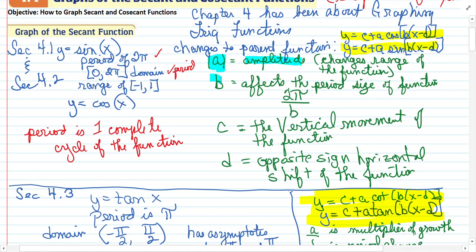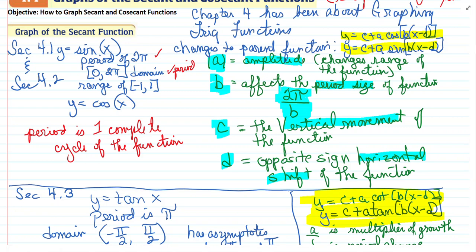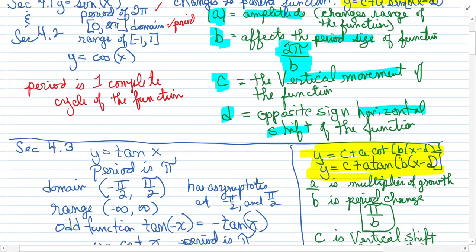Then we found out that b was the period change, and the formula was 2 pi, which is a normal period, divided by b, whatever is multiplied by x. We found out that c was the vertical movement, up or down, depending on the sign of c, and that d was the horizontal shift of the function in the opposite sign of that plus or minus. That's what we did in 4.1, 4.2.